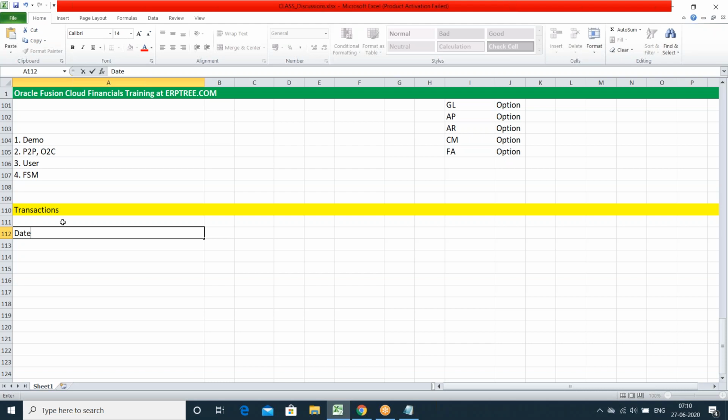We have to specify the date, on which date we are doing that activity. Okay, date, and which activity we are doing. Activity is nothing but details of the transaction, or say description.